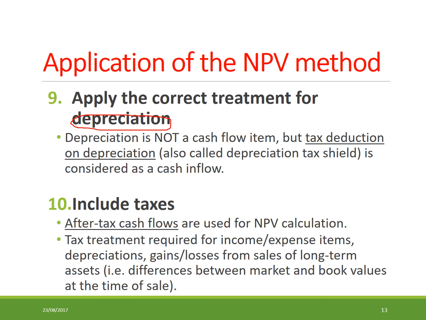So the tax deduction on depreciation therefore is considered a cash inflow because it's how much we save in our tax payments, yeah? And finally, taxes, of course, we have to take into account taxes because the income for shareholders is on an after-tax basis, yeah?